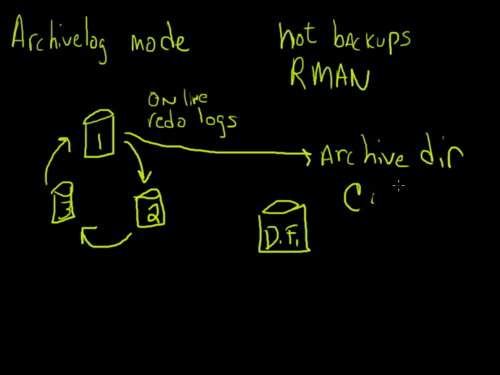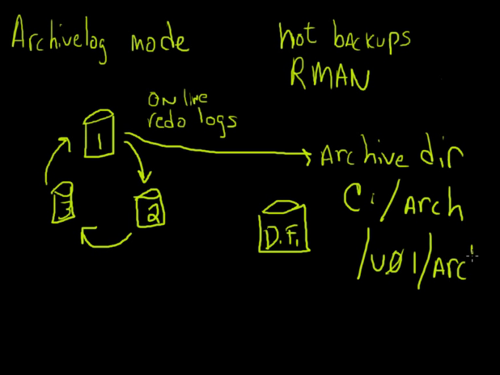This might be C archive, or if you're on Linux, it might be U01 archive or something like that. This gives me the flexibility that if something bad happens in my database and I need to recover a lot of transactions, I can go to this archive directory, look through all of these archive files, and recover my database.